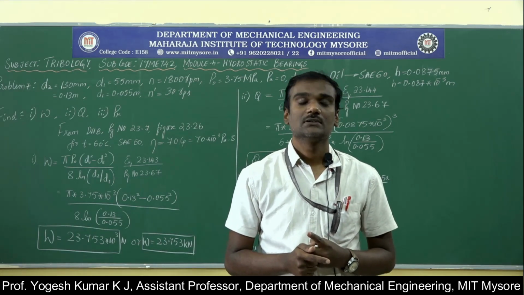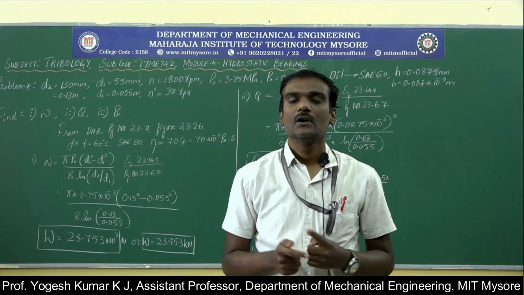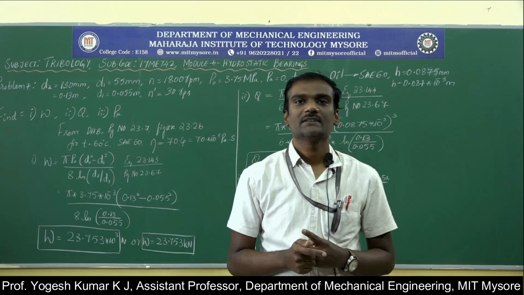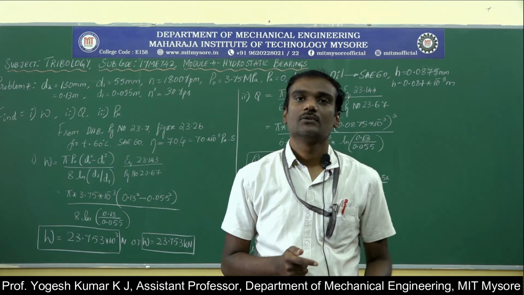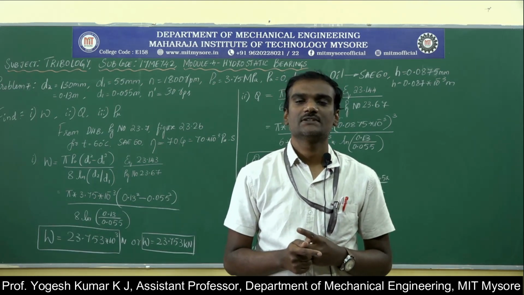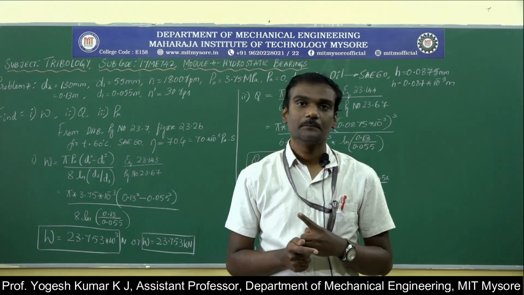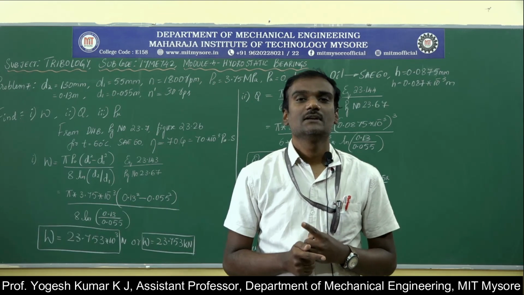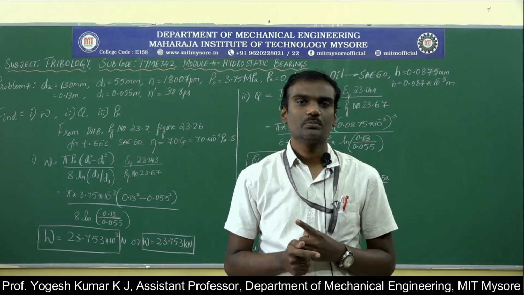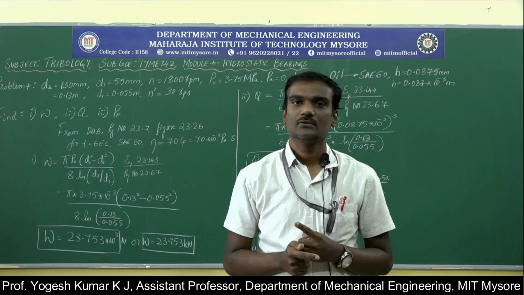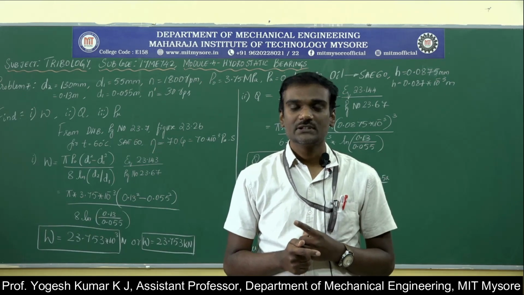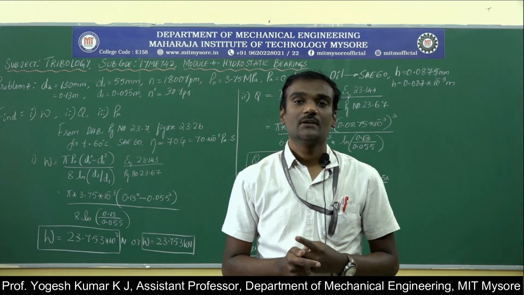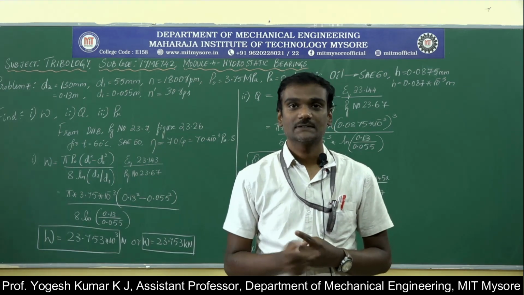And how to get the torque? Torque is quite easy to get, because we have seen power from our basics of engineering till now. Power equals 2 pi N T by 60, where N is in RPM. If you substitute N in terms of RPS, the equation of power will be just 2 pi N dash into T. When I use N in RPM, you should divide that by 60 to get the power in terms of watts.